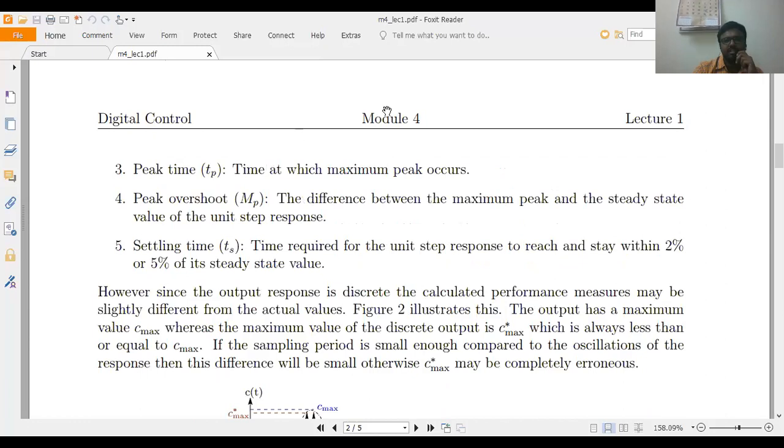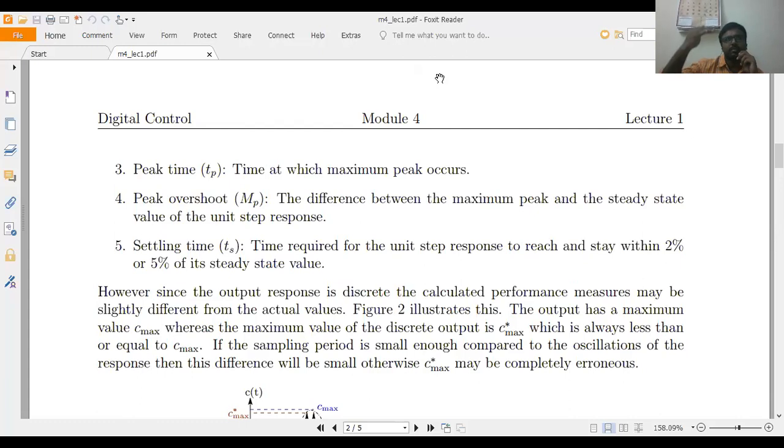The next specification is the peak time, represented as t suffix p, where t is the time and p is the peak, which combined is called peak time. Peak time is defined as the time at which the maximum peak occurs.